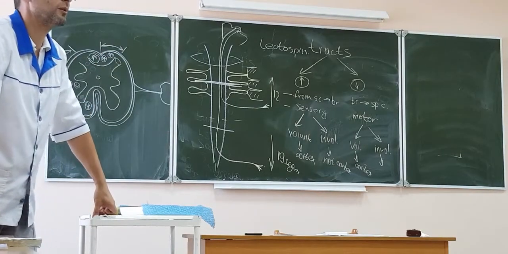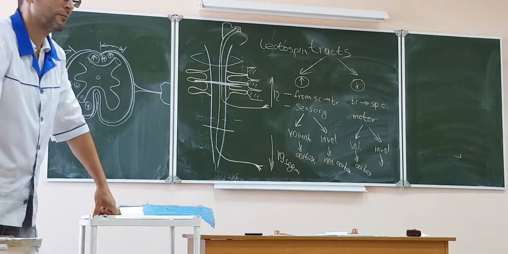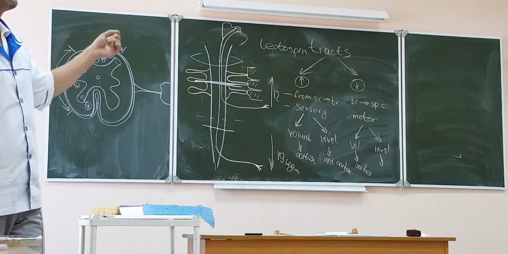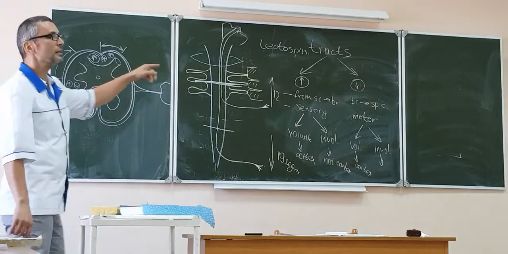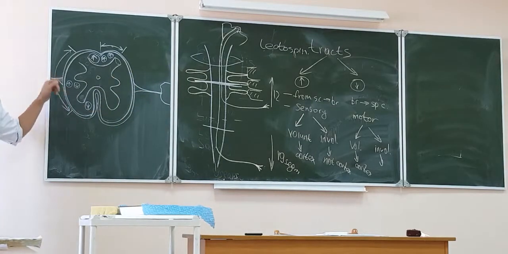Because, good beginning. Because it is located in the lateral horn. How? From this name of the tract, tectospinalis, you know that it is located in the lateral horn. Even if in the lateral horn, I remember that the lateral horn consists of two tracts, ascending and descending.